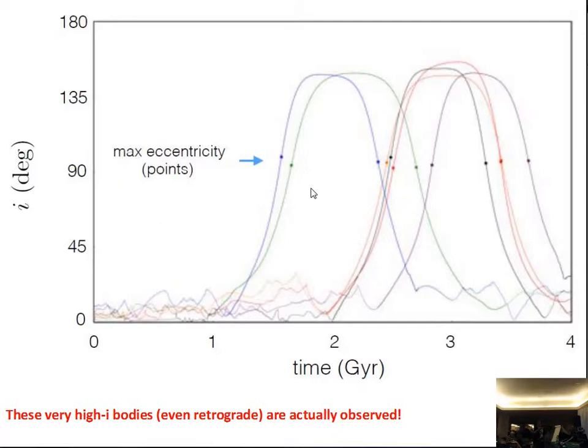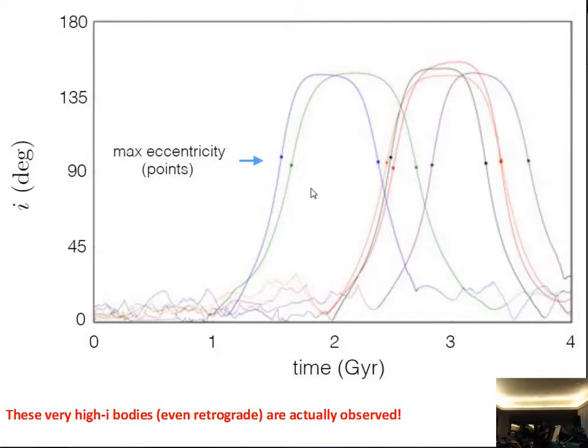Those which have a very small inclination relative to planet 9 are stable forever. But if you take bodies that can reach 15, 20 degrees relative to planet 9, at some point they can develop a huge inclination instability, which brings the orbit to be even retrograde.